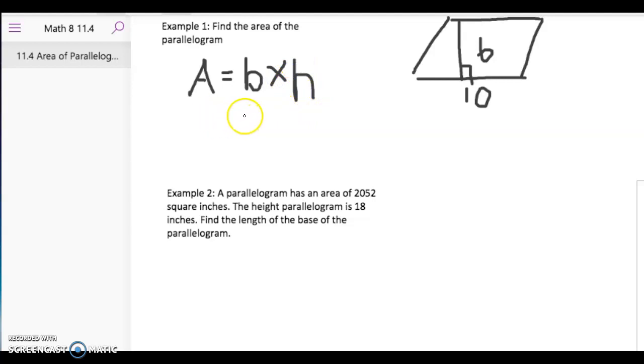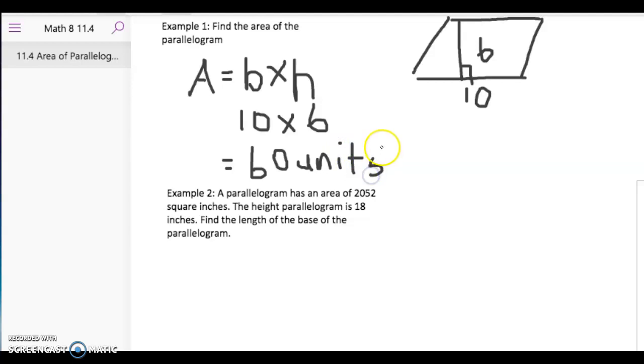So then I take 10 times 6, which gives you 60 units. Remember to put the units, and it has to be squared. Just like that. 60 units squared.